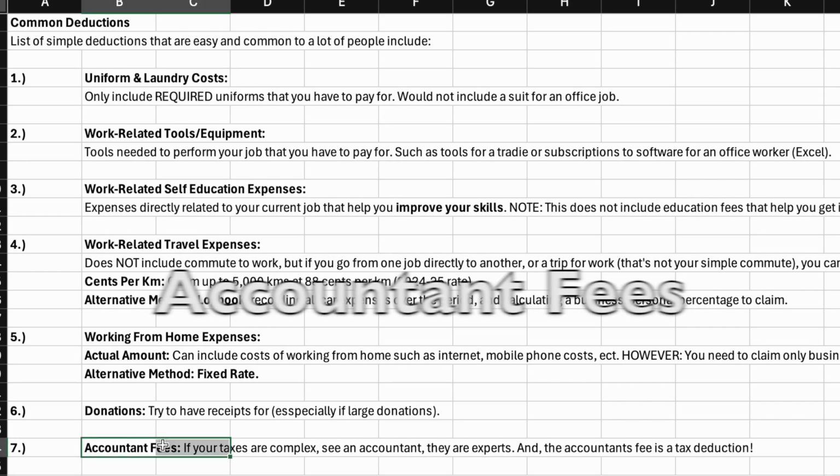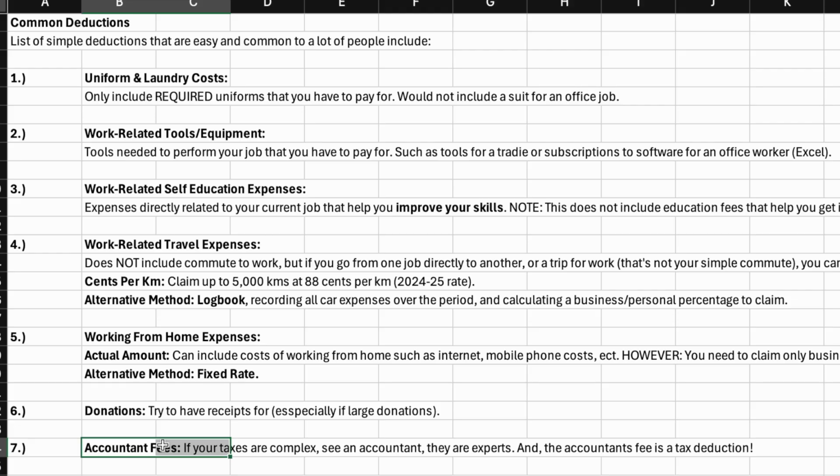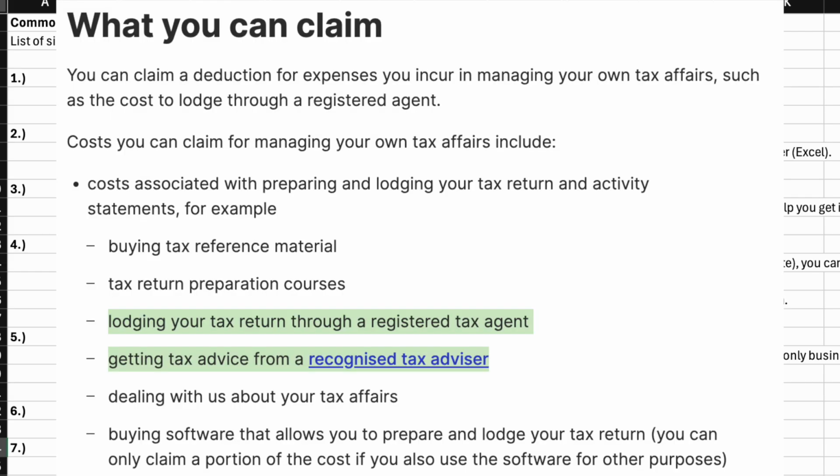Next up, this is a real good one, accountant fees. Now, of course, if your tax is complicated, go see an accountant. They're experts and they can get the best out of your tax return for you. You can take some of this stuff and tell them what deductions you want to claim. But an accountant is a great person to see to do your taxes, and the good part is the fee for seeing your accountant is a tax deduction.